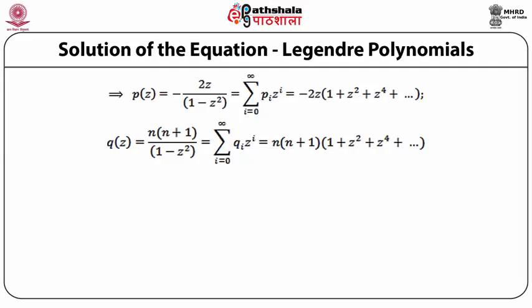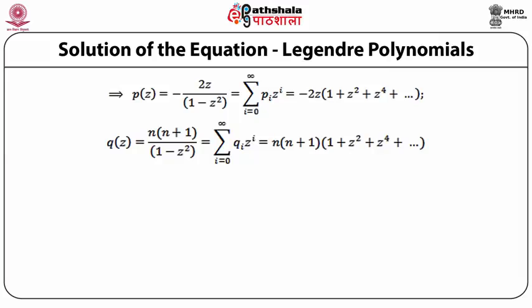This is equal to summation over i going from 0 to infinity of p i z raised to the power i, which is also equal to minus 2z within brackets 1 plus z squared plus z raised to the power 4 plus so on. Similarly, q of z is equal to n into n plus 1 divided by 1 minus z squared. This is equal to summation over i going from 0 to infinity of q i z raised to the power i.